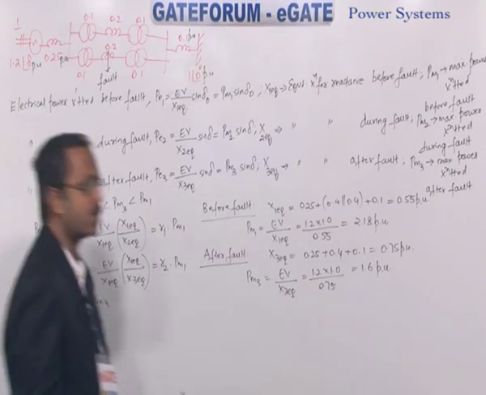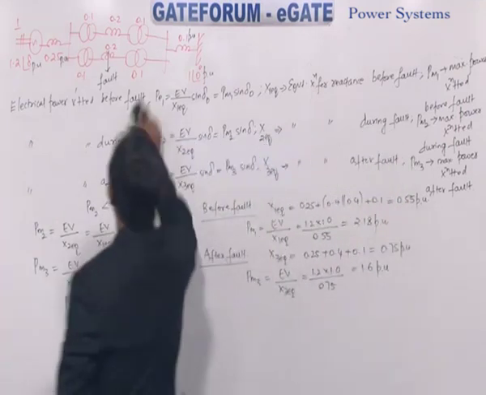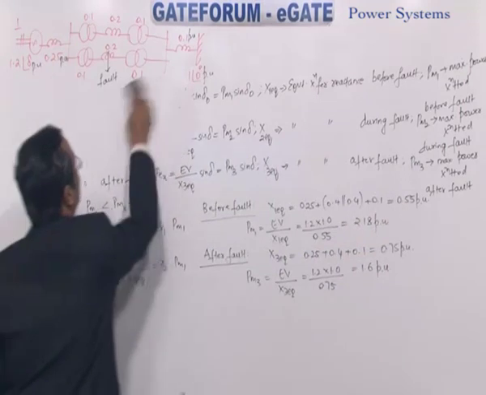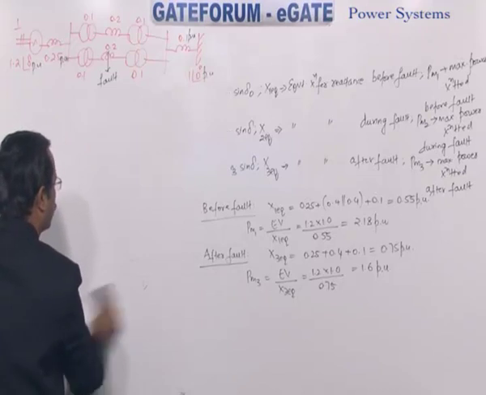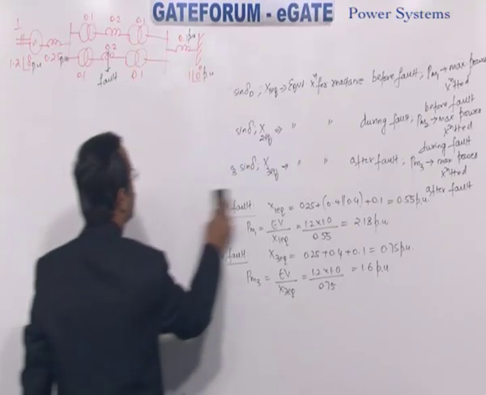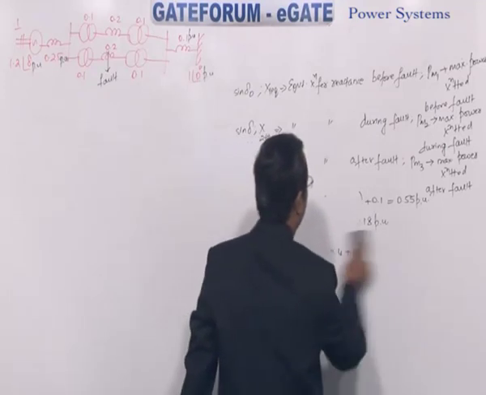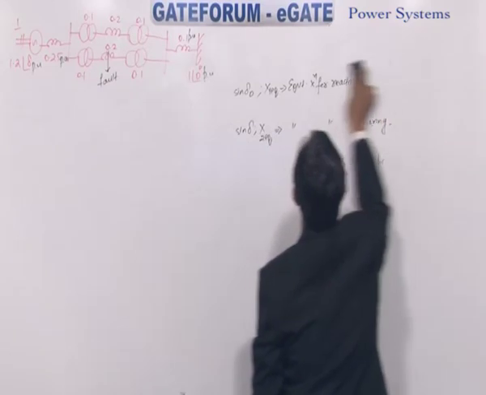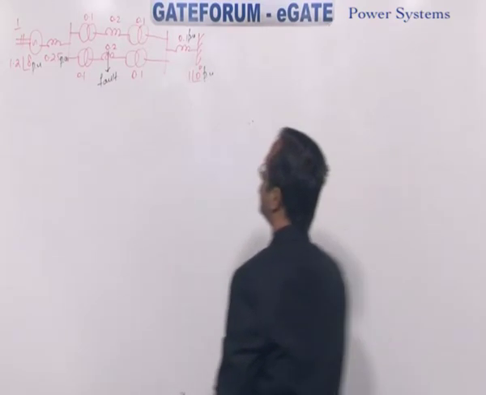And now we have to check before fault. Now before fault we have 2.18, after fault 1.6. Now we will check during fault. What is the maximum power that can be transmitted?